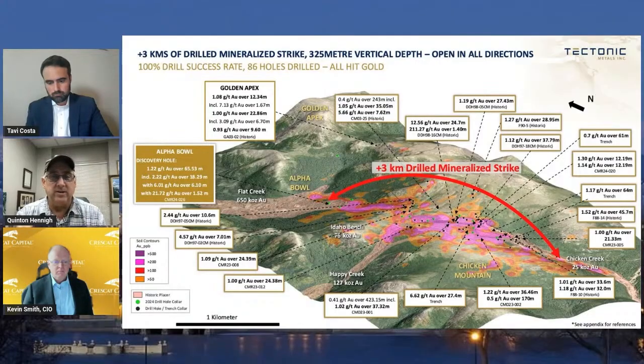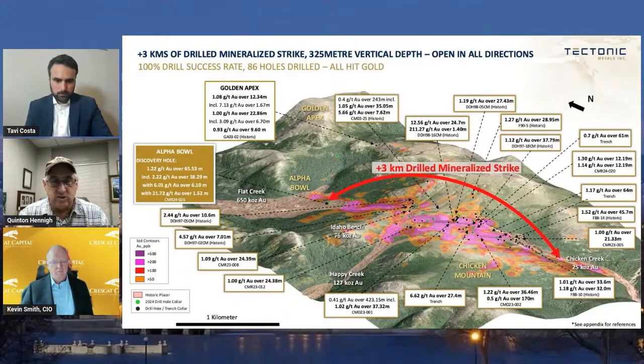Now I think they're drilling a lot there, but I also understand that they're stepping back towards Chicken Mountain as well and drilling holes. And look, I'm not going to pretend to know how this is all going to play out. I don't. But my hunch, based on the soils and the extent of the intrusive bodies as expressed by the magnetics in the previous image, is that this is all one big system.